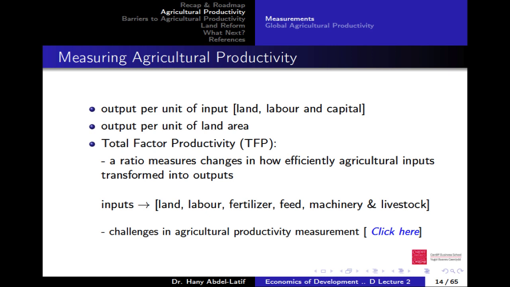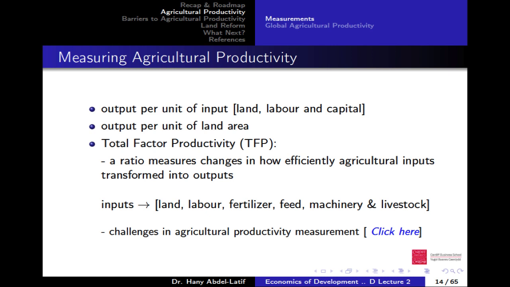Productivity means output per unit of input, which could be land, labor, or capital. Or you could think of productivity as output per unit of land area, if we're talking about the agriculture sector. And probably the most popular measure is total factor productivity. Total factor productivity is a ratio that measures changes in how efficiently agricultural inputs can be transformed into outputs.